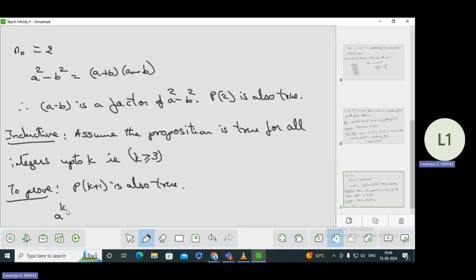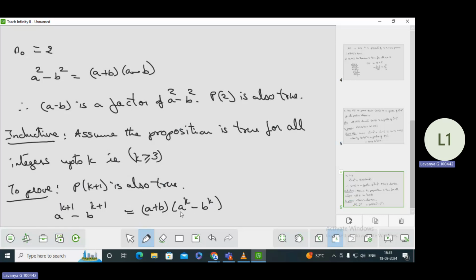So I have to consider a power k plus 1 minus b power k plus 1. What I try to do is rewrite this as a plus b into this value. Let me just try. How can I write a power k plus 1 minus b power k plus 1? I want to write it as a plus b into a power k minus b power k.